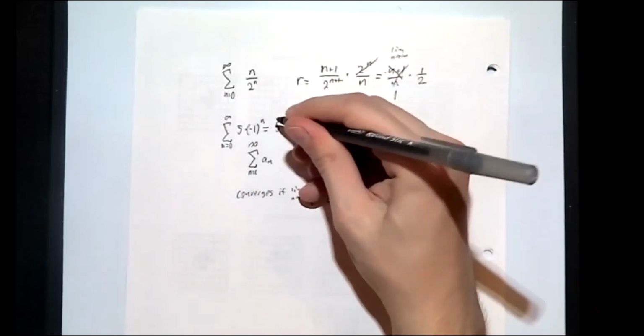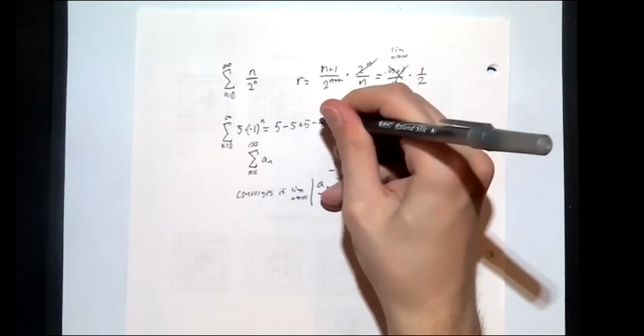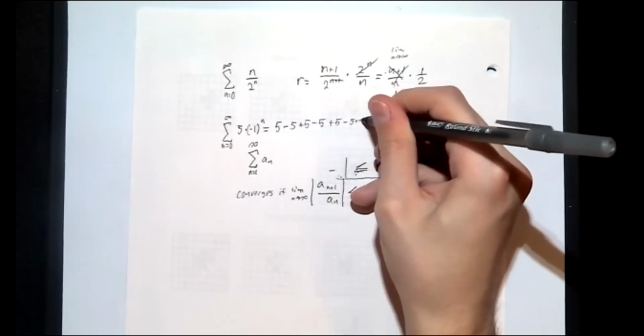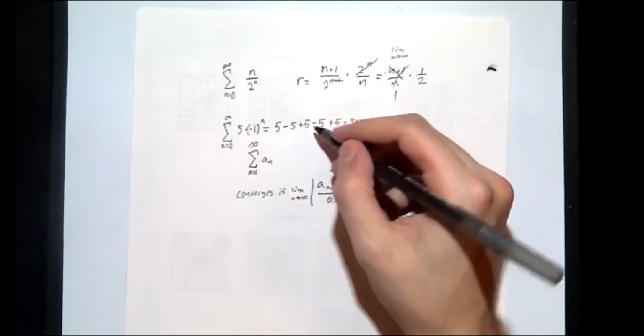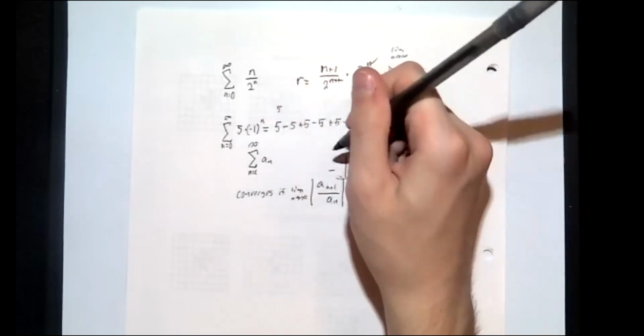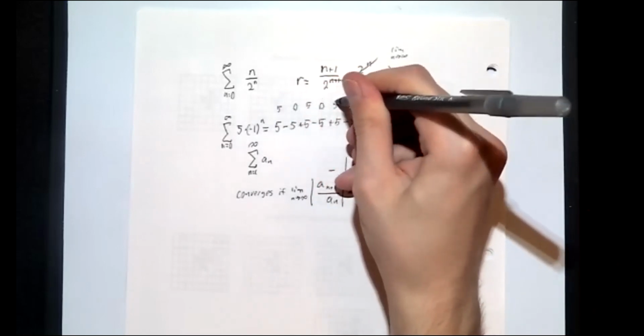So we have 5, then we subtract 5, then we add 5, subtract 5, add 5, subtract 5. You get the point? The sum here is 5, here is 0, then we're back to 5, 0, 5, 0.